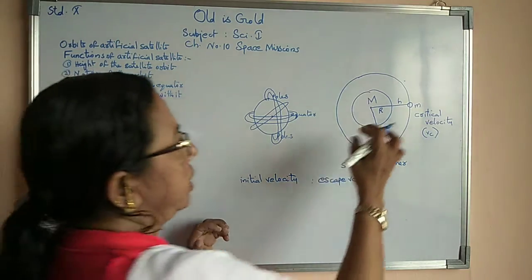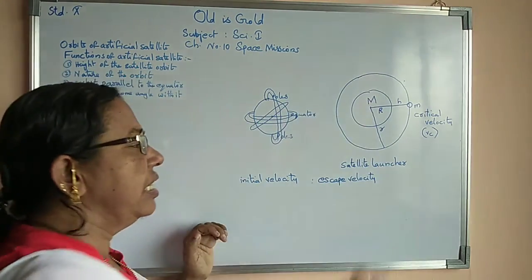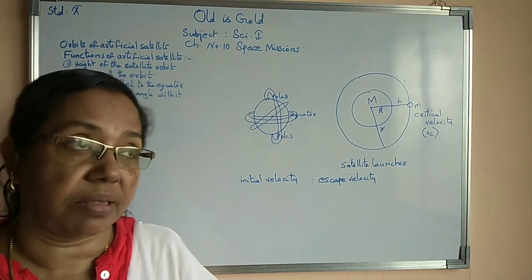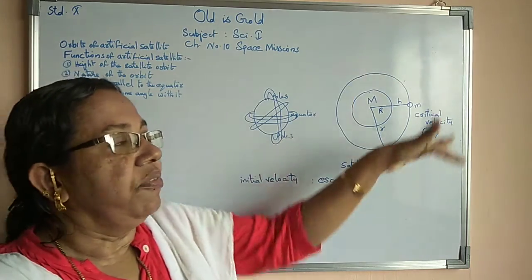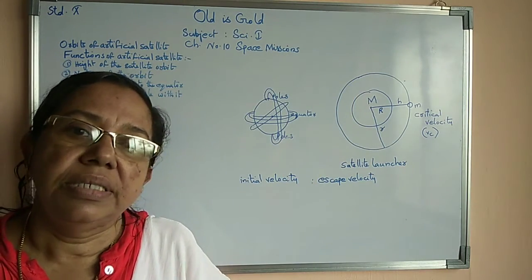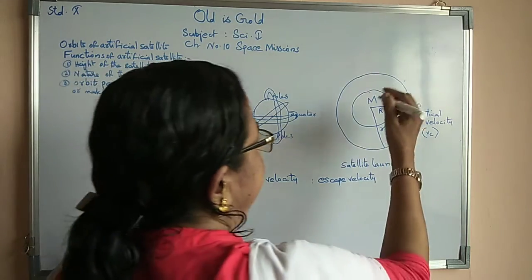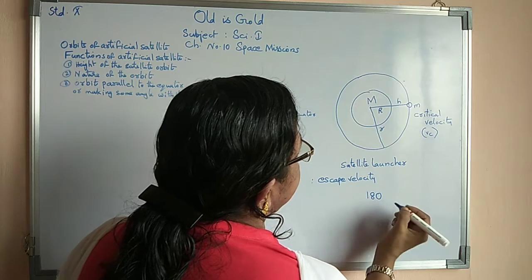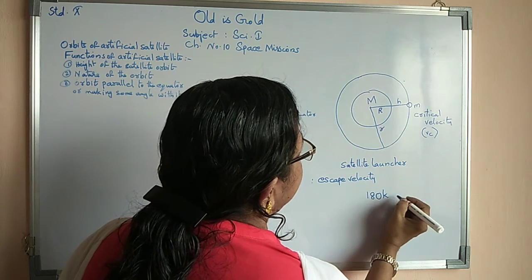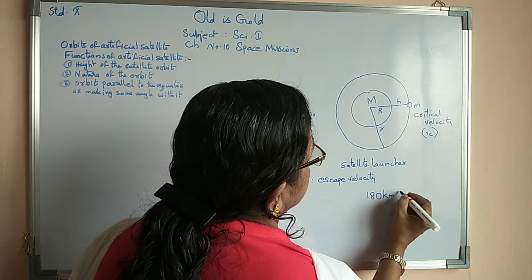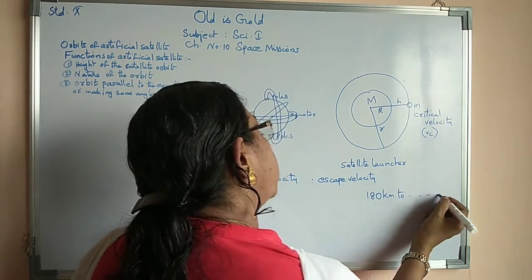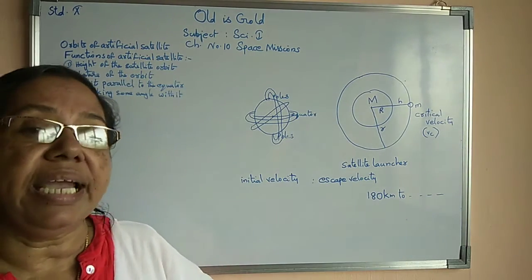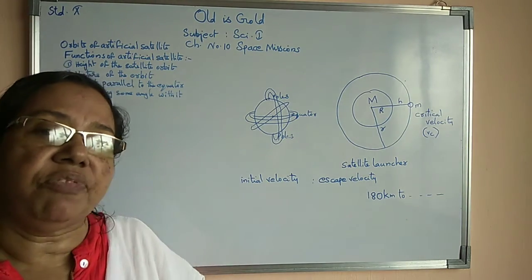Why? Because near the surface of the earth, above 100 km from the surface, we can place the satellite. The minimum distance for fixing the satellite is 180 kilometers from the surface of the earth.